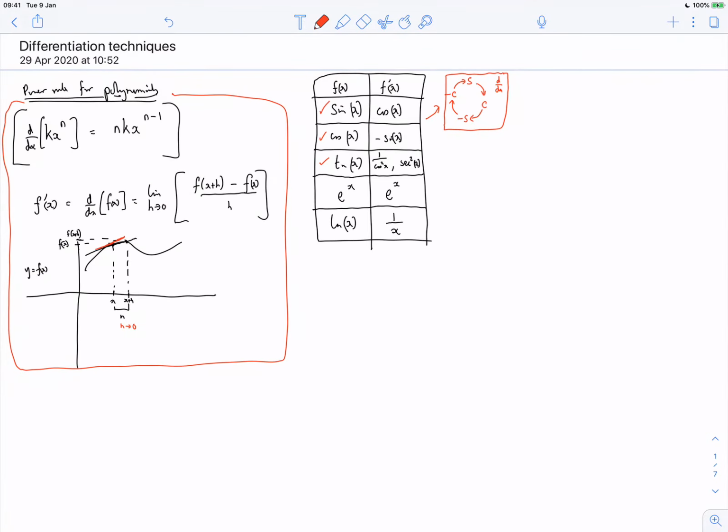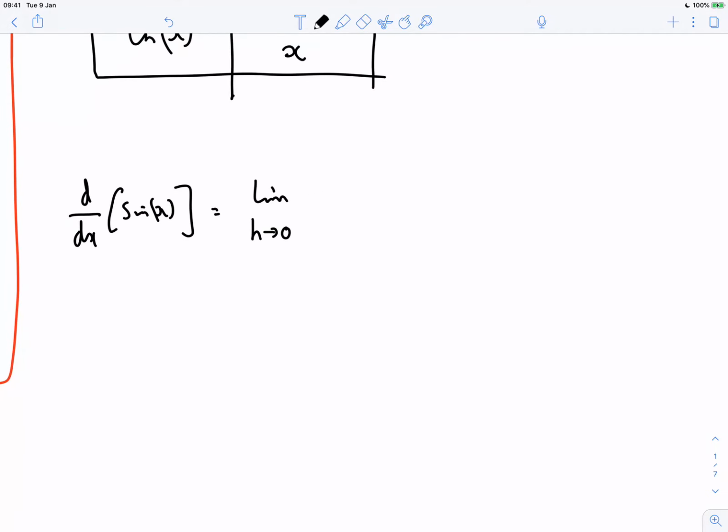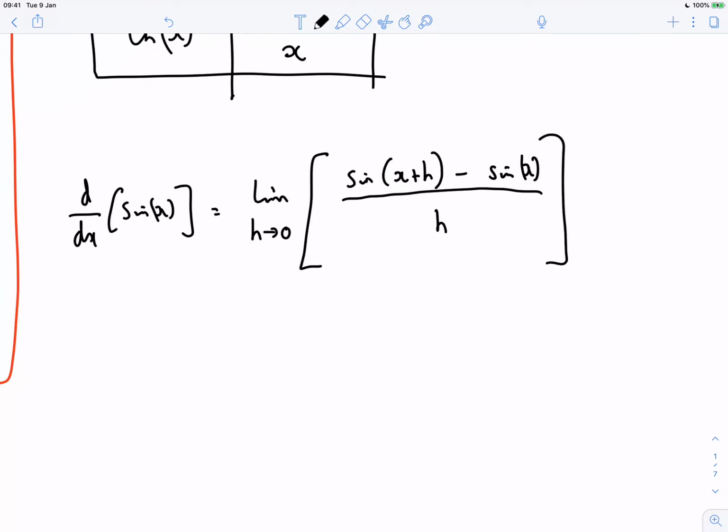And I'll talk about what I mean by that. So first of all, we're going to start at the beginning, and that is, if I want to differentiate sine of x with respect to x, then I need to find the limit as h tends to 0 of sine of x plus h minus sine of x all over h.